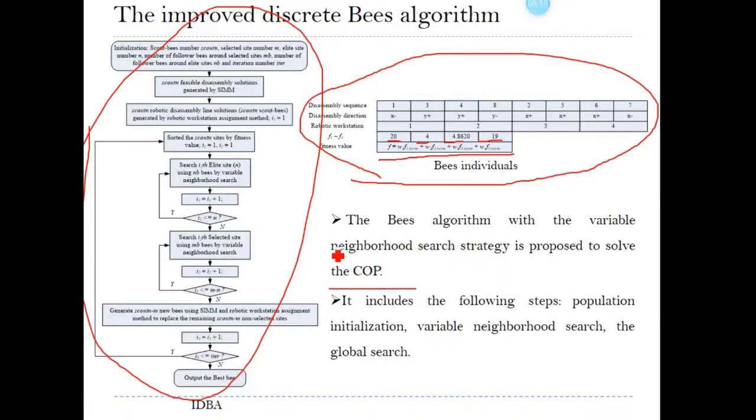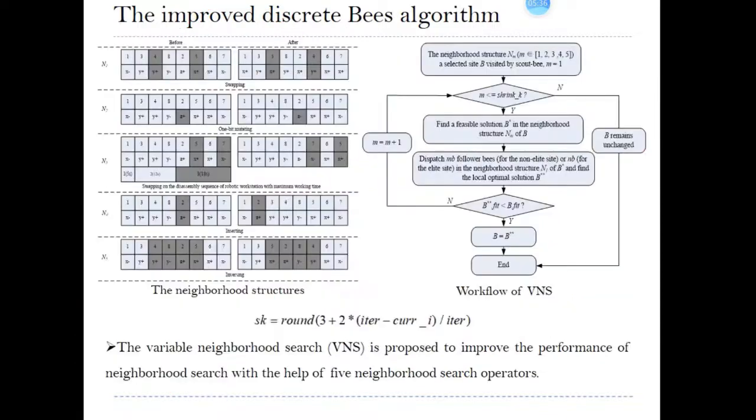The IDBA contains population initialization, variable neighborhood search, and also the global search. Here is the neighborhood search of the IDBA and also the workflow of VNS.